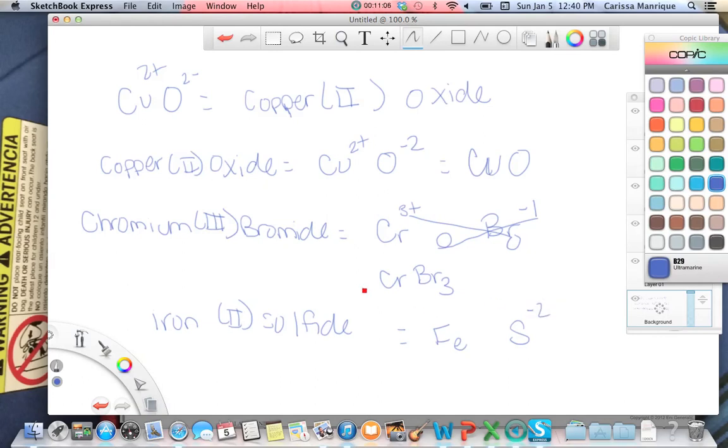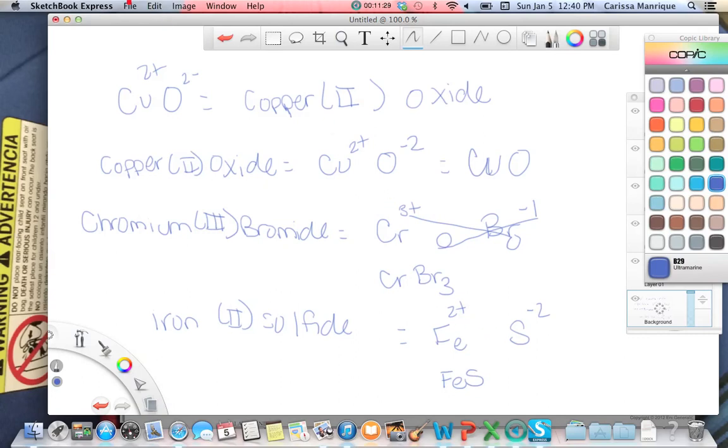Iron, we look over here, Roman numeral 2, so it has a 2 plus. That is a 1-to-1 ratio, remember, because they both can be divided by 2. So that's just FeS. So the rules to figure out the formula are the same as the main group.